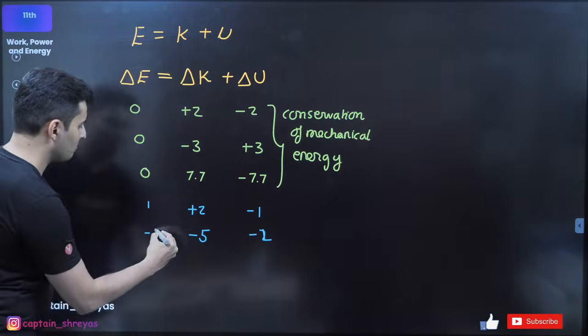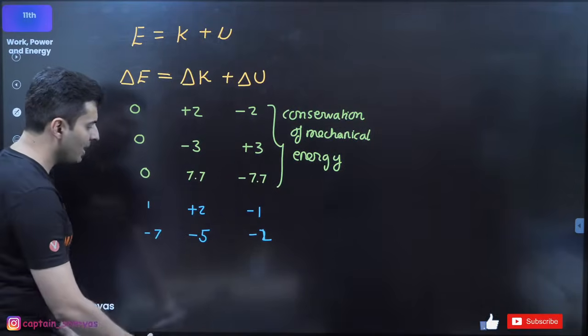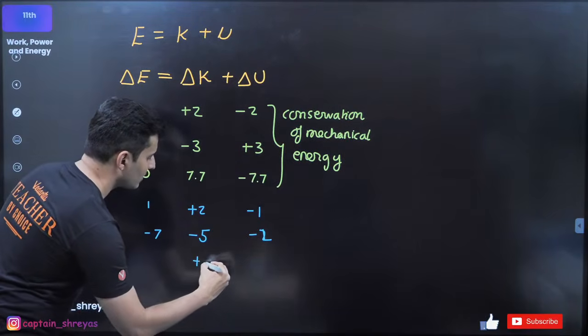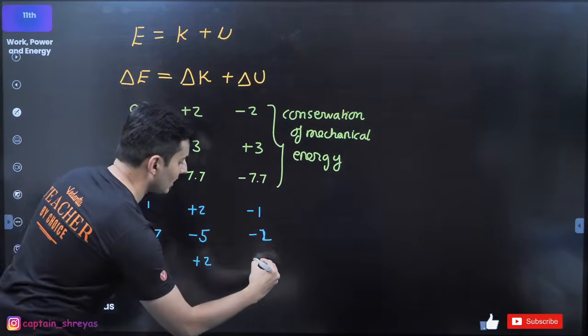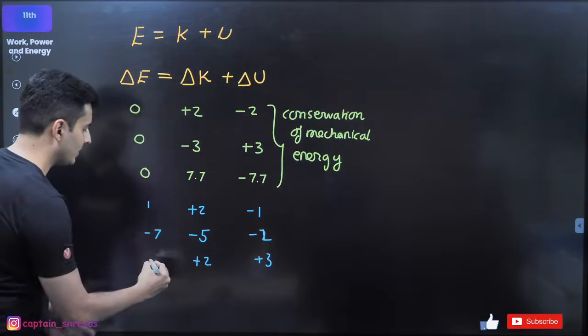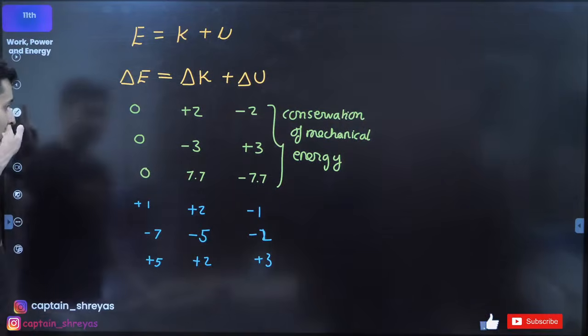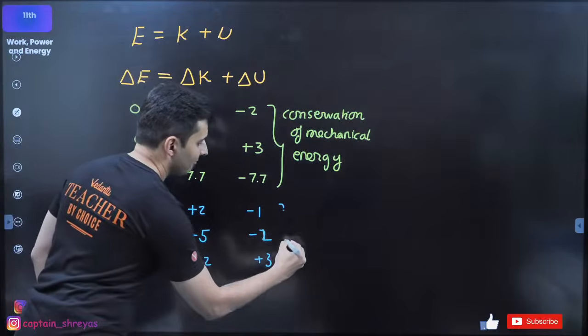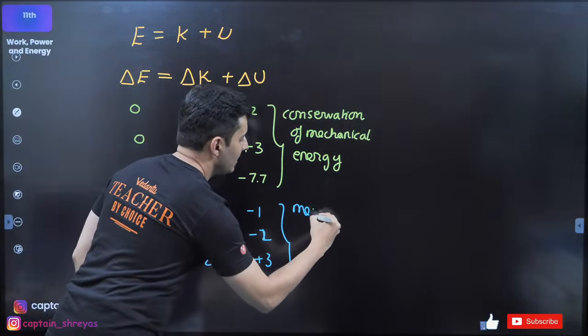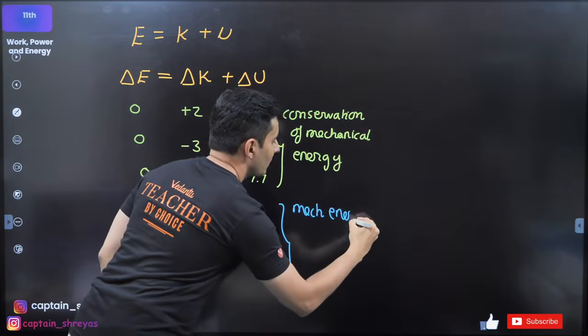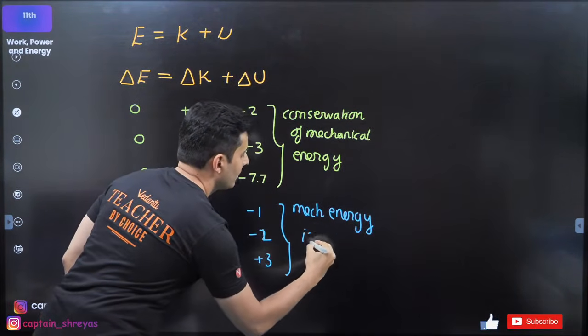Minus 5 minus 2, this is minus 7. Or maybe this increased by 2 and this increased by 3, 2 plus 3, 5. Whoa. Look at this. This is not 0. This is the case when mechanical energy is not conserved.